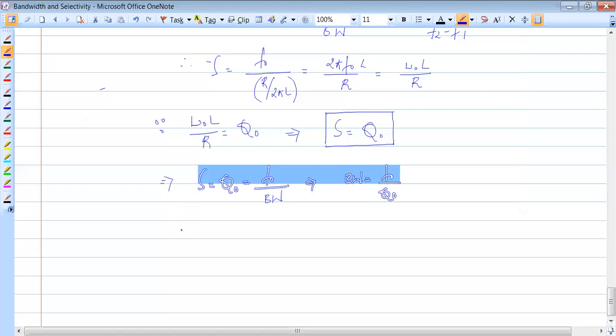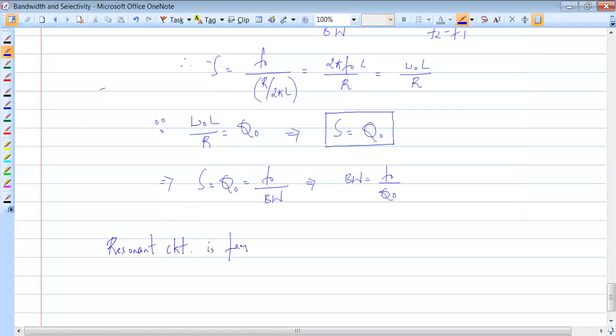See here, I said resonant circuit, don't take down anything, just listen now. Resonant circuit is a frequency selective circuit, we can say. So if it has to select a frequency, what should be its bandwidth?